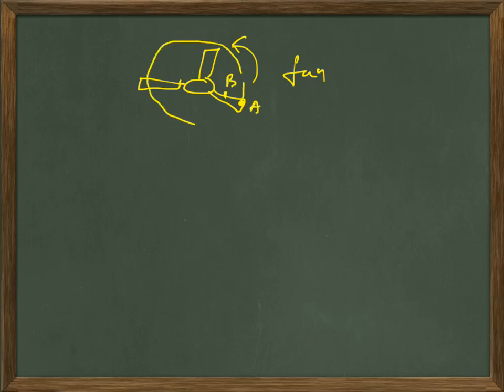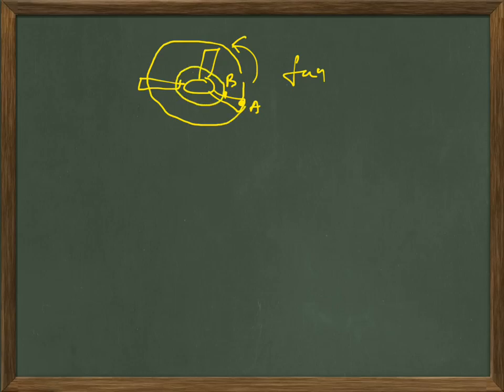So one best example is a fan. For example, we have a fan which is rotating. If you take any point on the wing, it is going in a circle. If you take another point, so I am taking here 2 points, one is A, other is B. A is going in a bigger circle, B is going in a smaller circle.